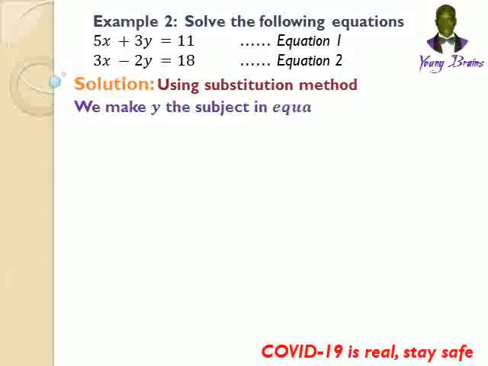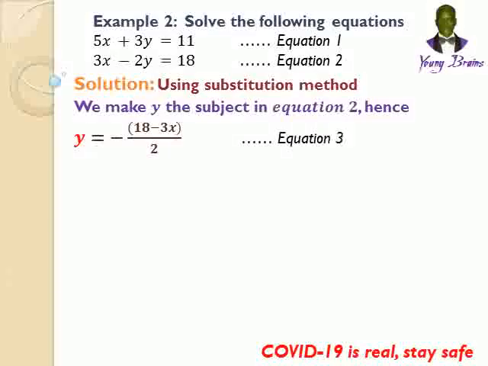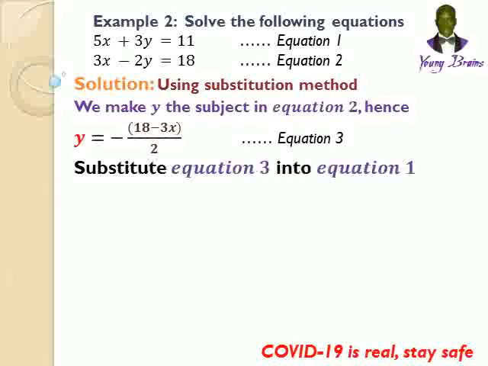Again, we are making y the subject of the formula from equation 2. So we have y equals minus (18 minus 3x) divided by 2. That gives equation 3.